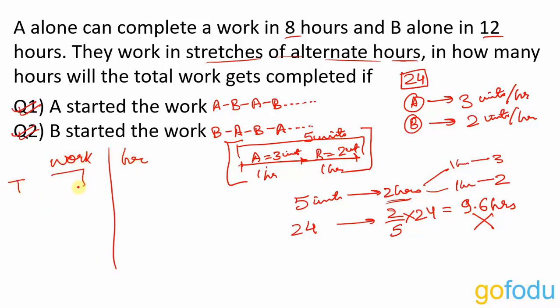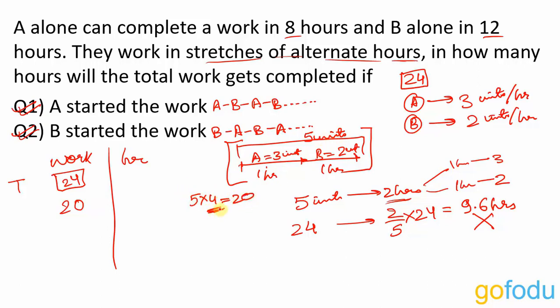Total work is 24 units and a set of 5 units of work is being completed in 2 hours. So how many such sets could be taken out of 24? Well, there can be 5 into 4, 20 units of work could be done. There could be 4 sets of 5 units each. 5 into 4 is 20.